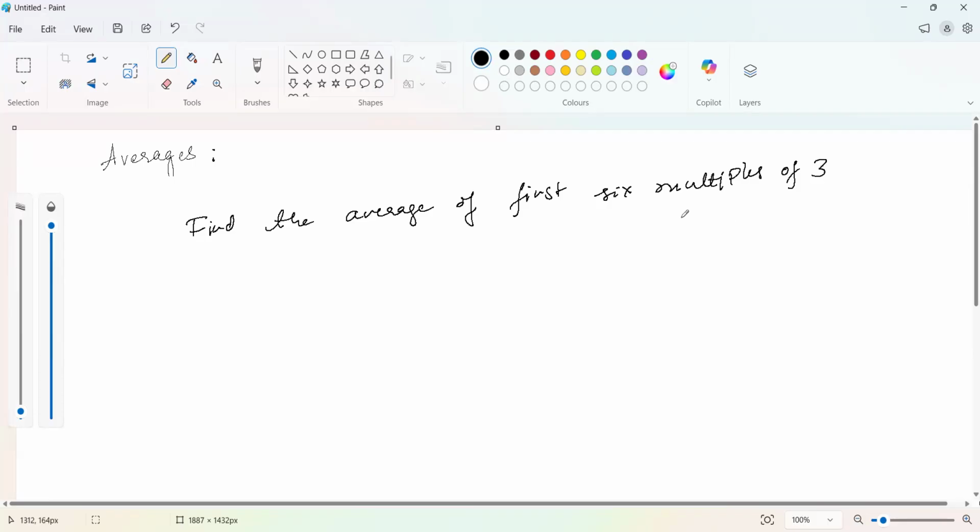Just the multiplication table you can consider. So you'll have 3, 6, 9, 12, and you'll have 15, 18. So these are the first multiples of 3. Add them and take the average.